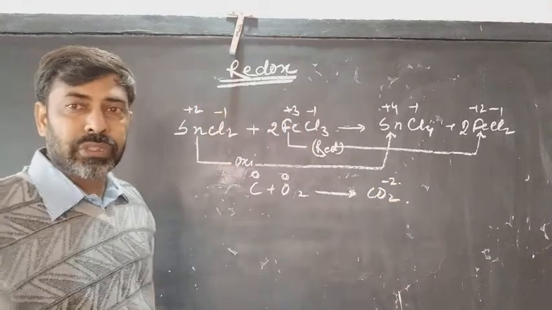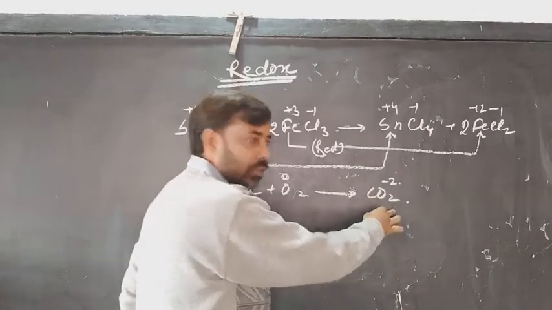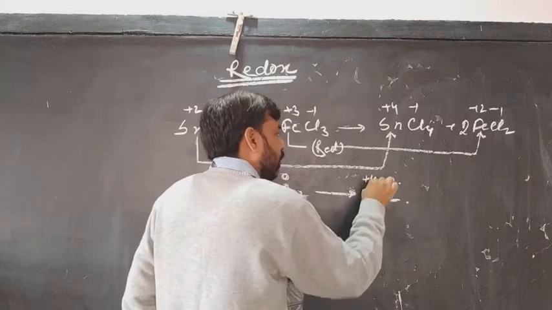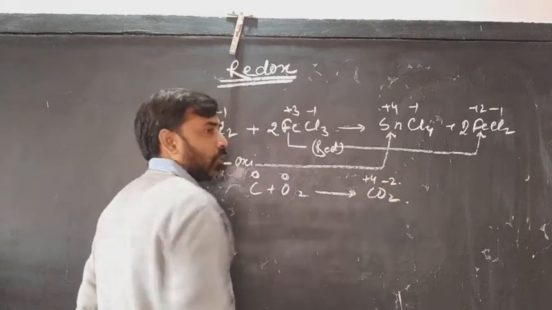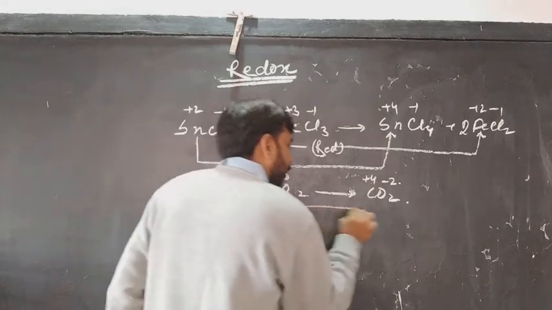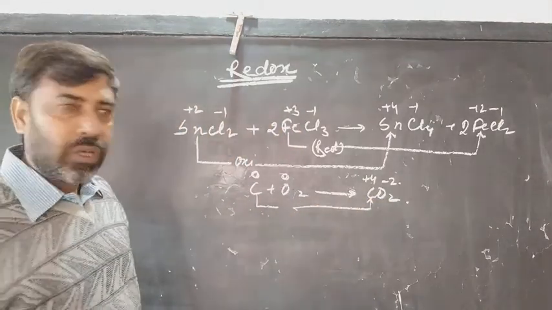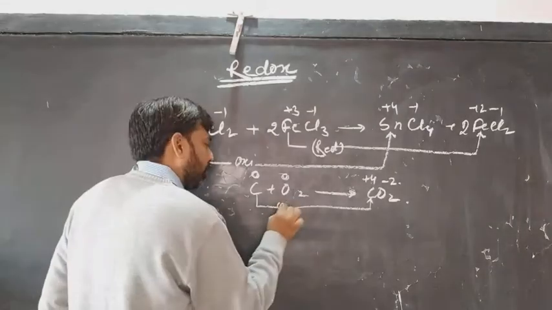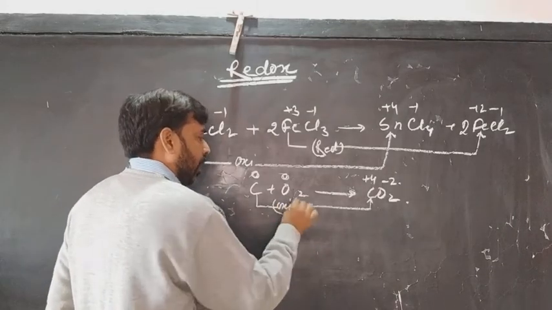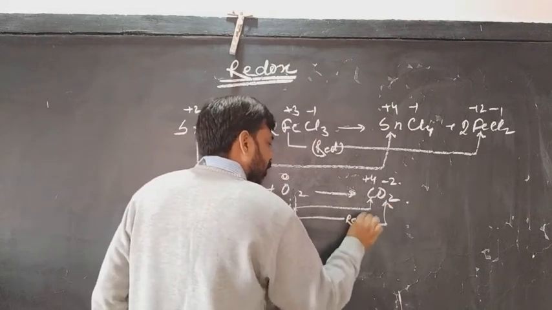And what will be the oxidation number of carbon with respect to oxygen? 2 ऑक्सीजन का हो जाएगा -2 into 2 -4, तो कार्बन होगा +4. Now see, the carbon is moving from 0 to +4, यानी increase in oxidation, so it is the process of oxidation, and oxygen from 0 to -2, that is reduction.